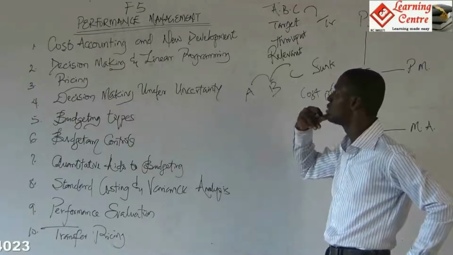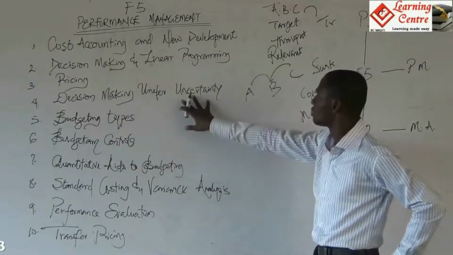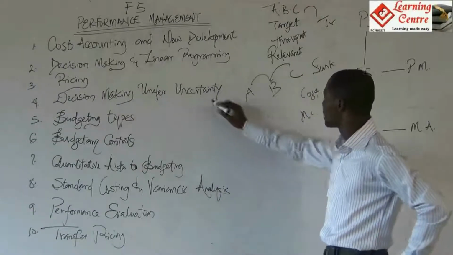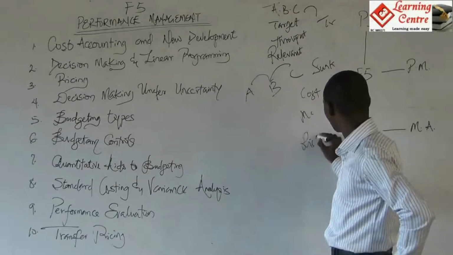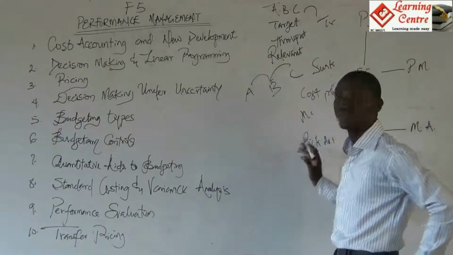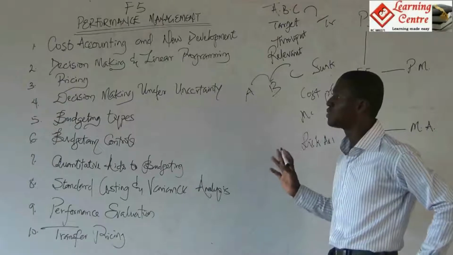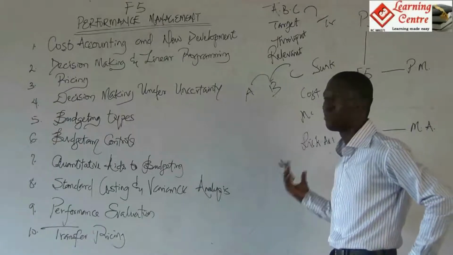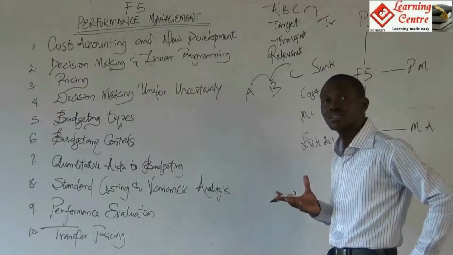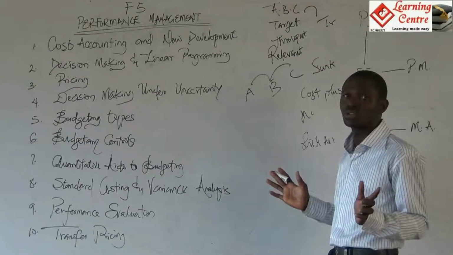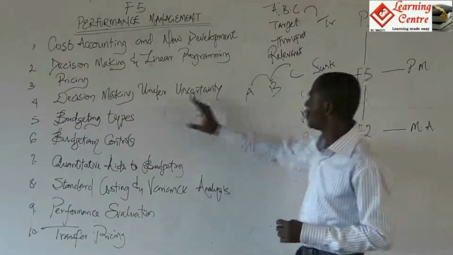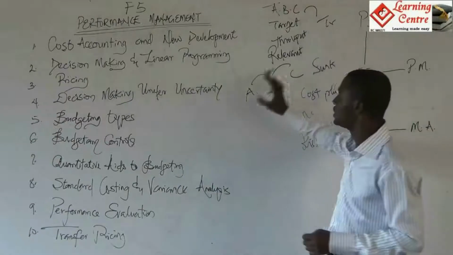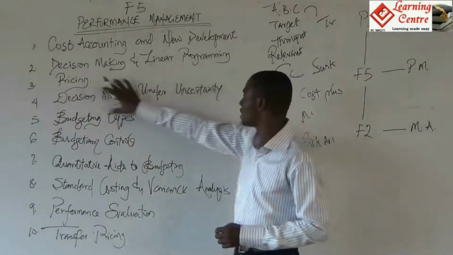How do we make decision when we have uncertainty? So at this point, we shall be talking about risk analysis, sensitivity analysis. We'll be talking about maximin, minimax, expected value, and a host of others. Decision tree, those are what we're going to be treating under this topic.